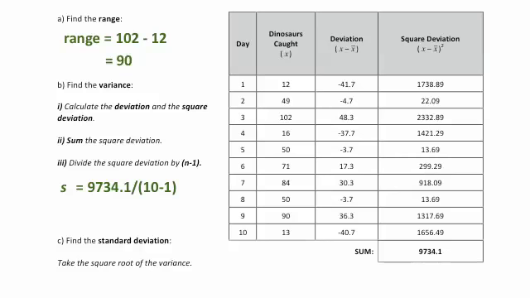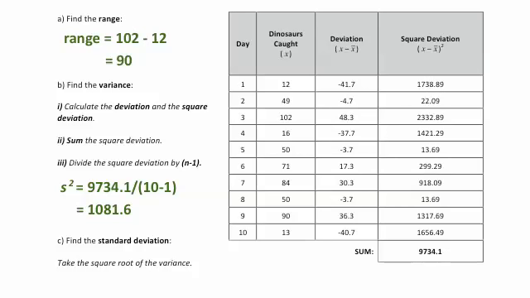There are 10 days, so I divide by 10 minus 1. What I come up with is that my variance is 1081.6, in units of dinosaurs caught squared.